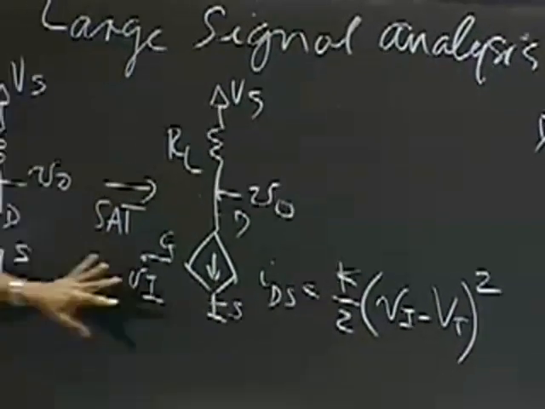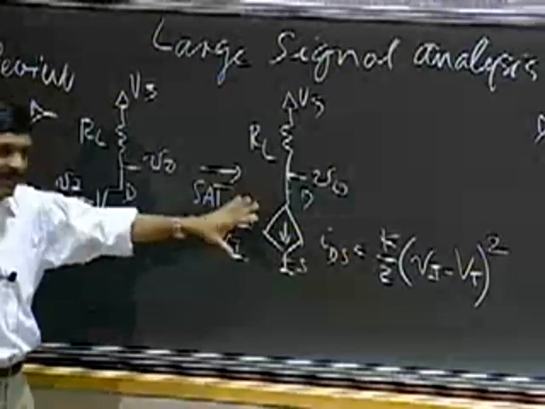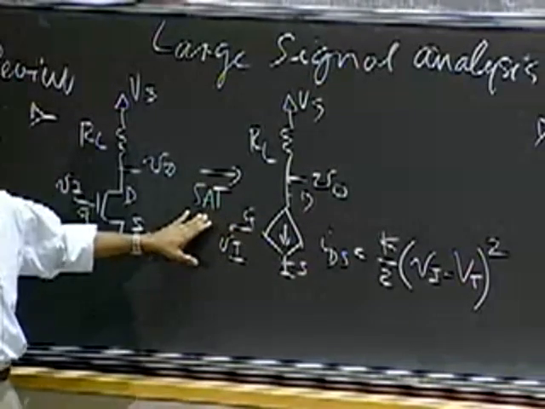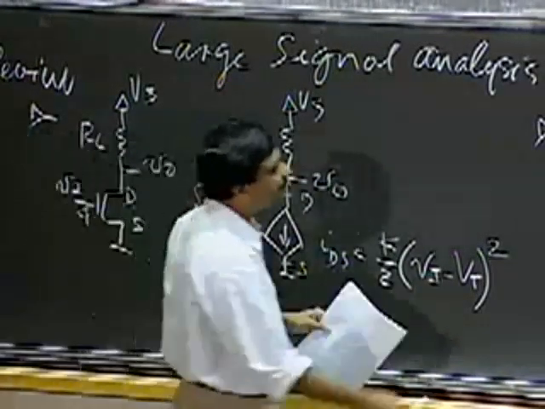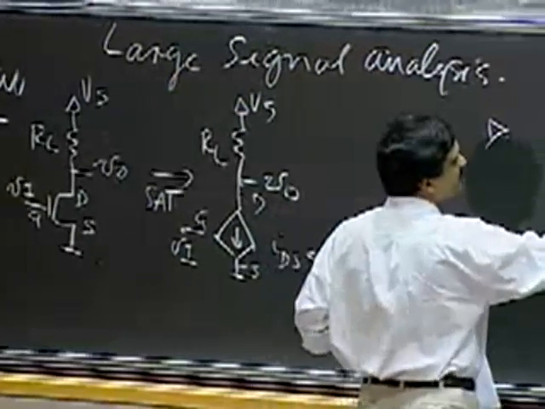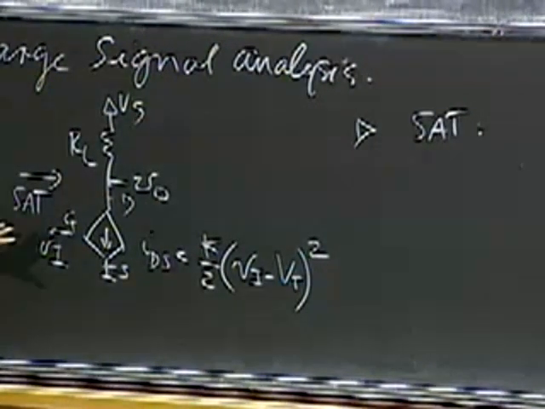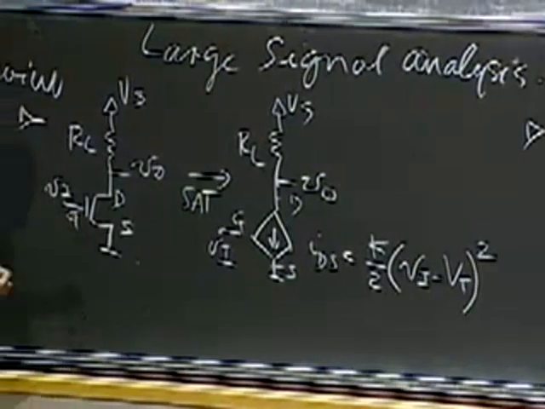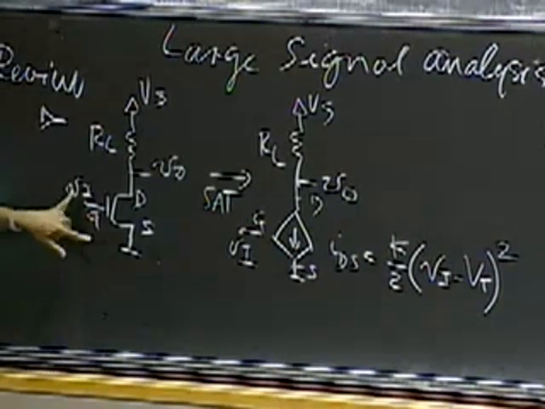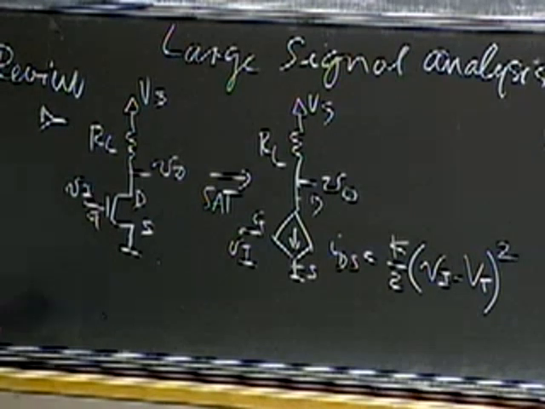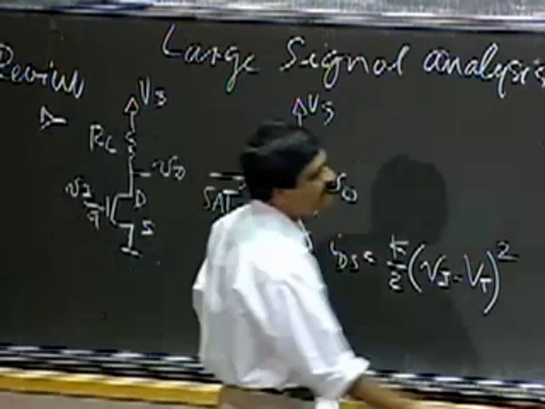So this was an amplifier. Here was the equivalent circuit while this device was in saturation. Okay? And to operate in saturation, I said that certain properties need to be true for the MOSFET. There are two properties that need to be true for this to be operating in saturation. One is that its gate to source voltage needs to be greater than VT.